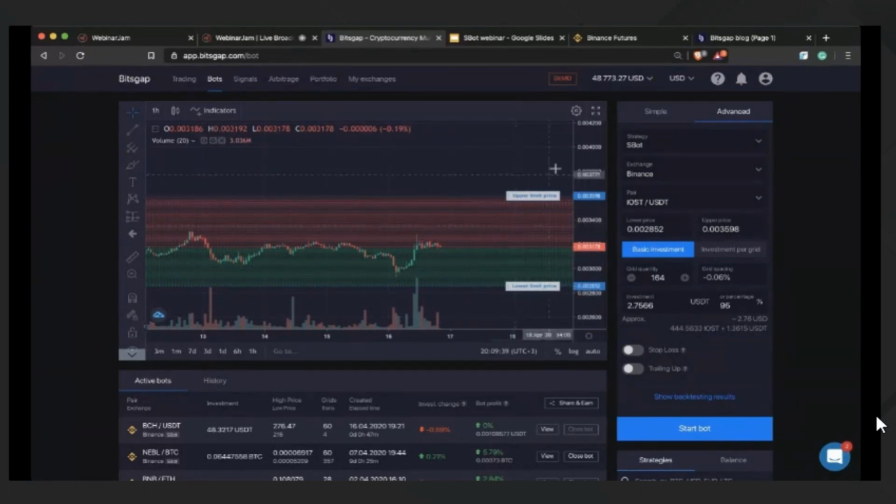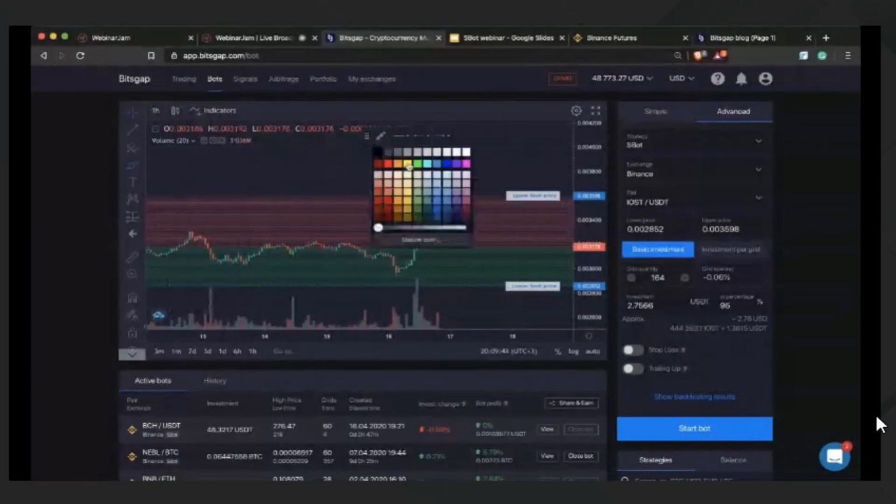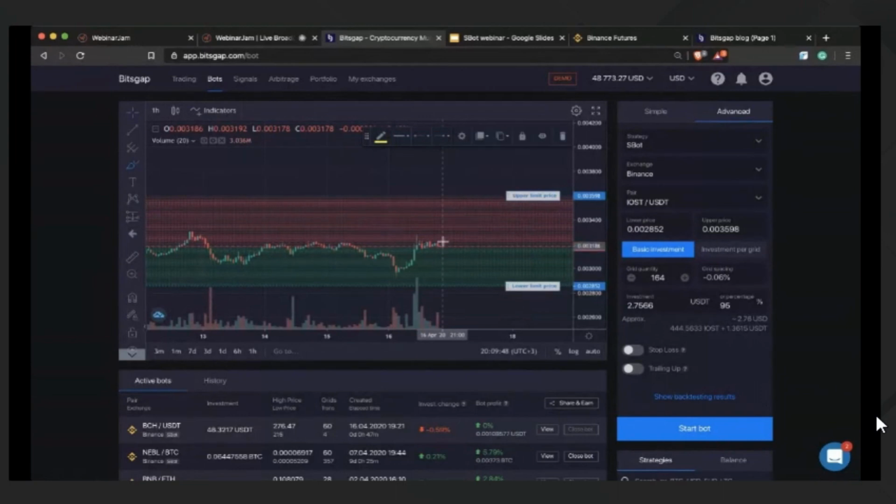If the price moves upwards and goes far above the upper limit, your bot won't be executing any trades anymore, because the price is now above the trade range.